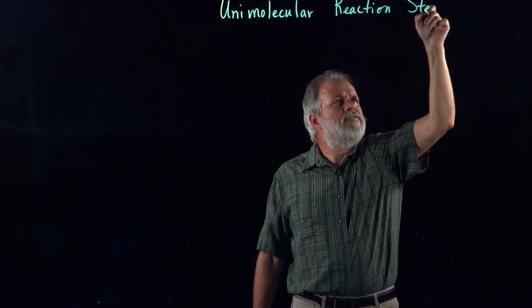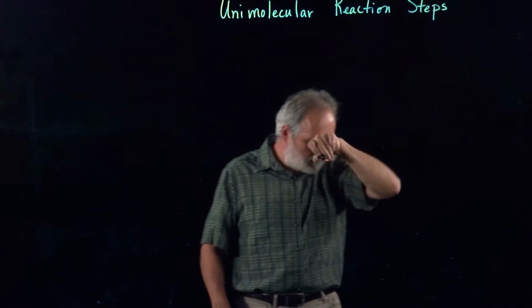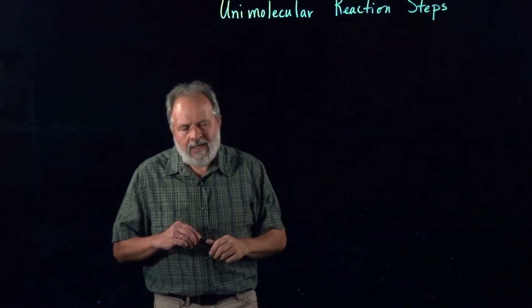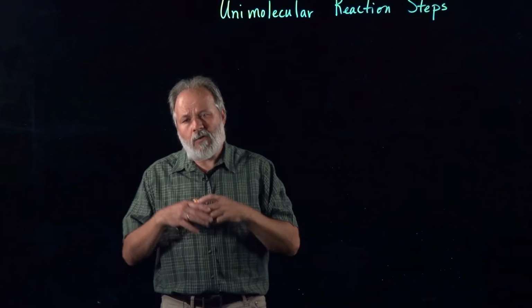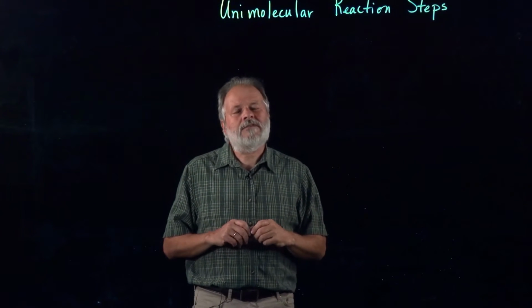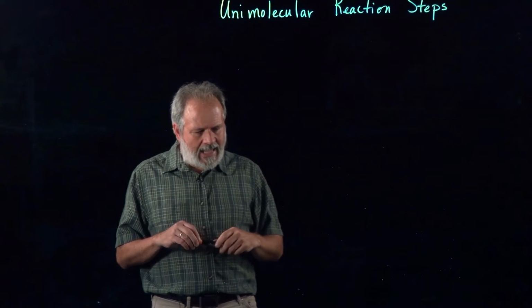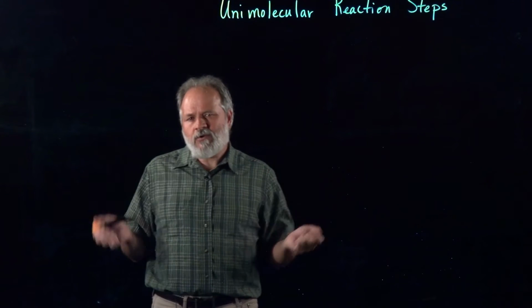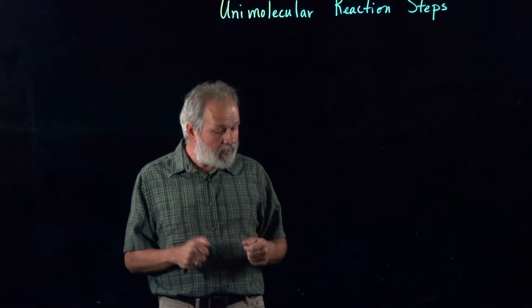And I'm going to say reaction steps. So any chemical reaction happens in a series of one or many steps. So an individual step is actually, when you write the chemical reaction down, that's actually what happens.